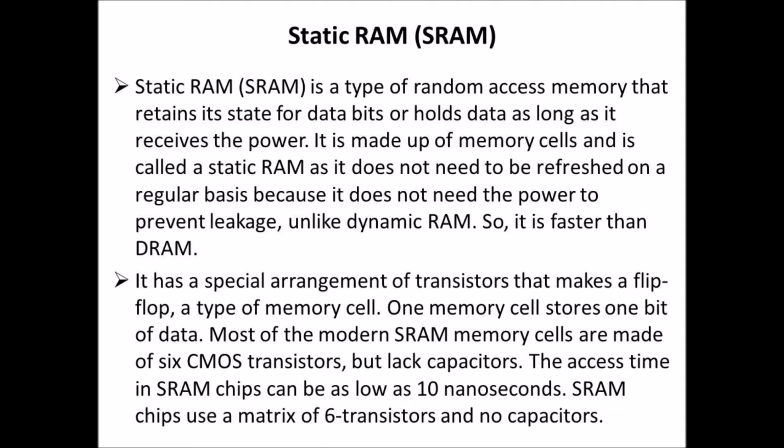One memory cell stores 1 bit of data. Most of the modern SRAM memory cells are made of 6 CMOS transistors but lack capacitors. The access time in SRAM chips can be as low as 10 nanoseconds. SRAM chips use a matrix of 6 transistors and no capacitors.